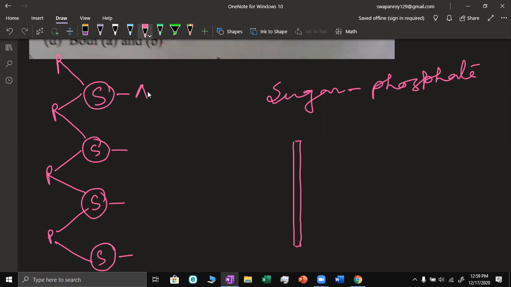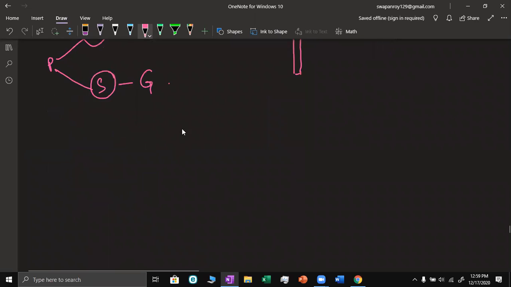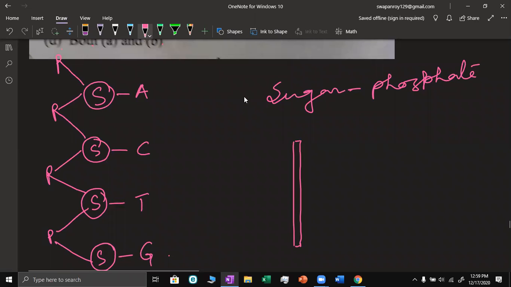So here if it is A, C, T, like this they form the backbone and the bases are at right angle to this.